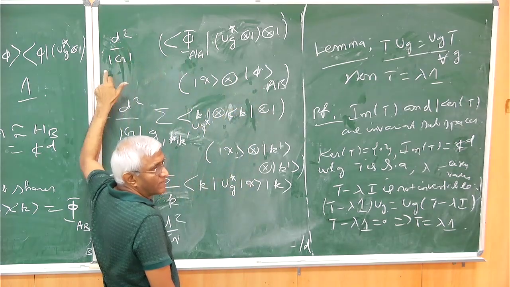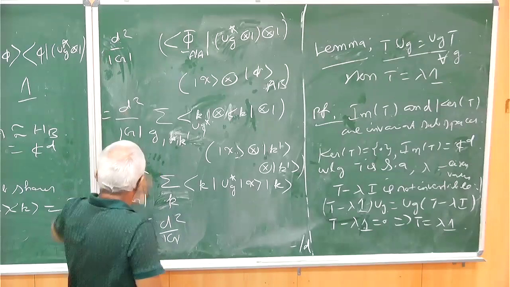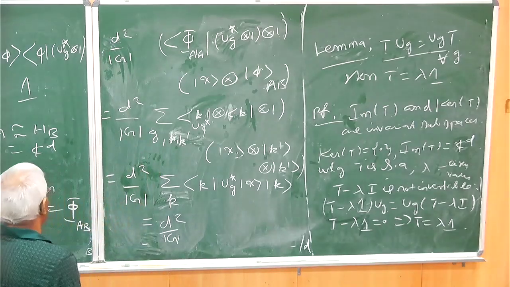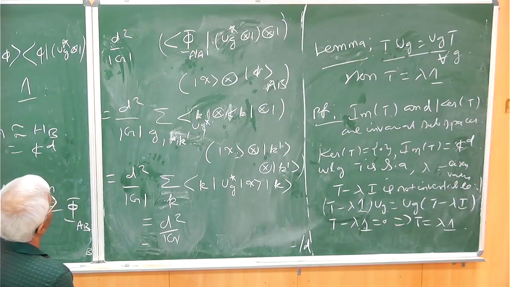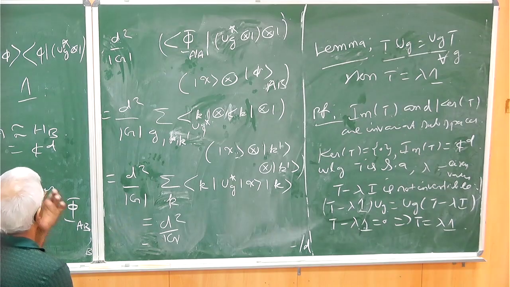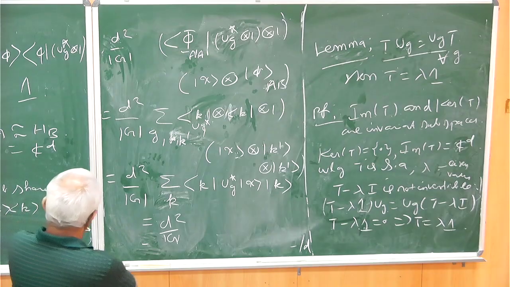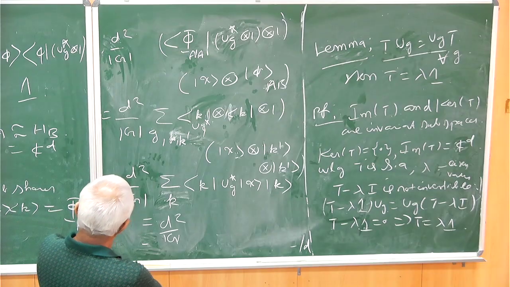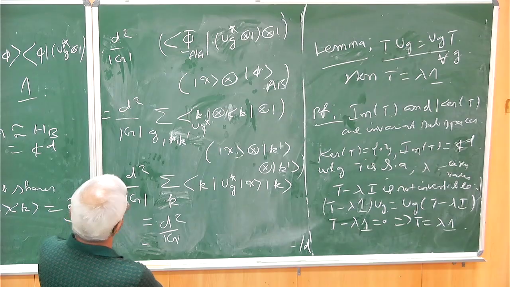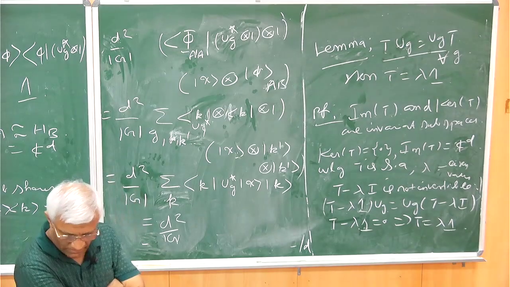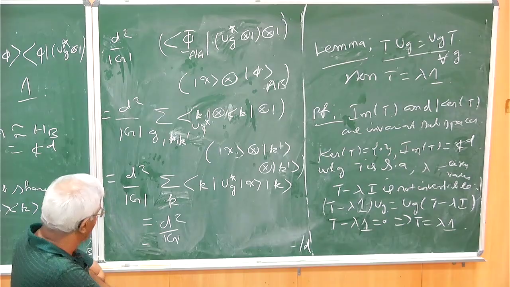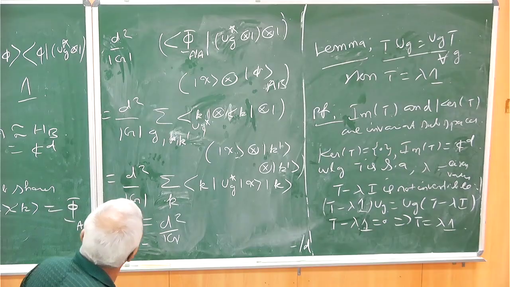Why is it d square? I need to cancel the other d also. Last time also I had the same problem. But why is it that this is such a scalar problem, but I'm missing something?